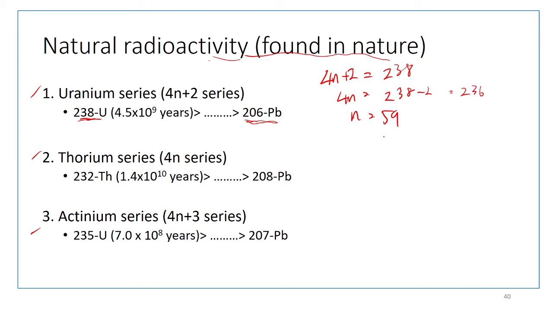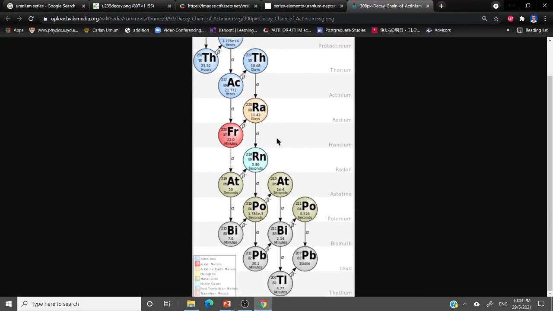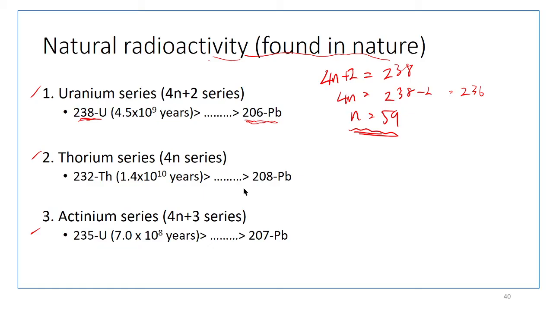If you do the same calculation for all the nuclides, you will find that n is a positive integer, with no remainder.